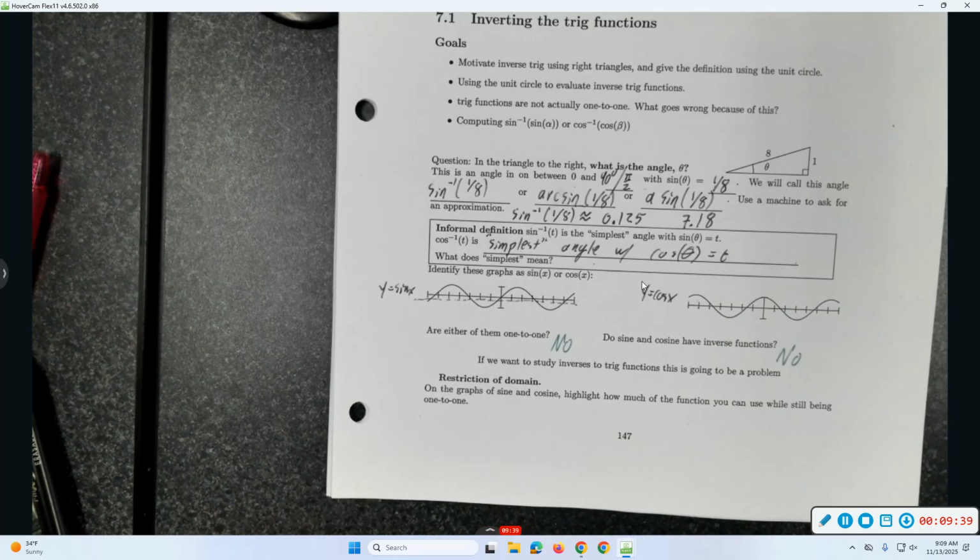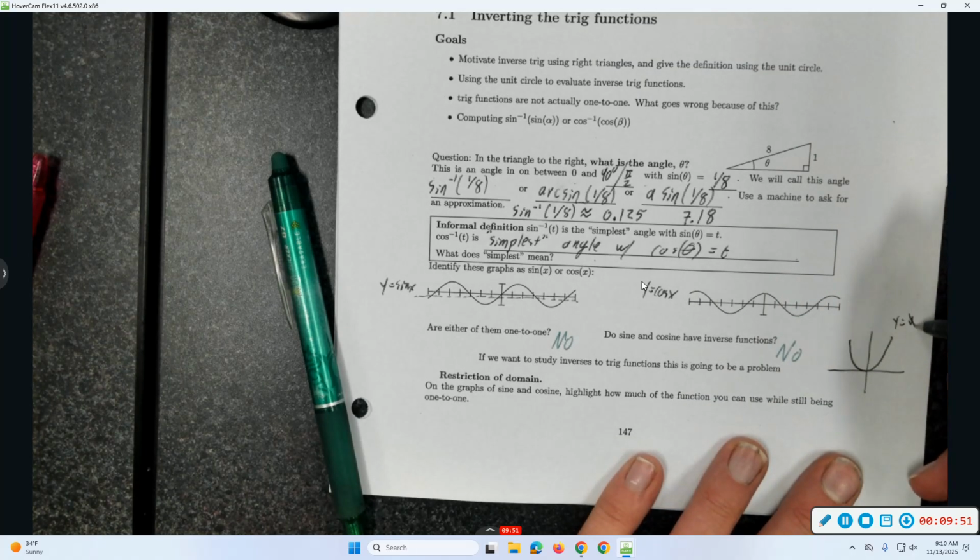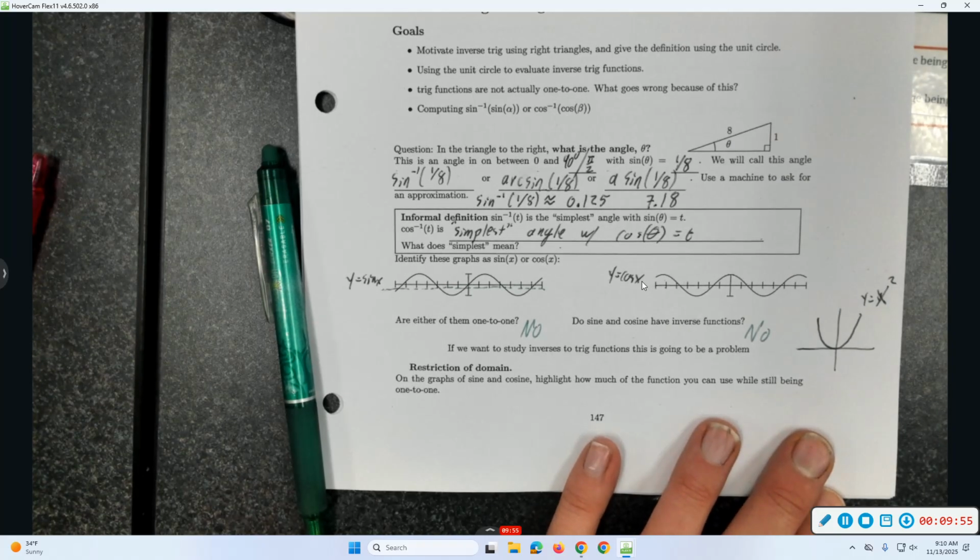But we've overcome an issue like that in the past. Here's another example of a non-one-to-one function. Here's y equals x squared. Is that thing 1 to 1? But if I just need to undo the squaring function, what function are you going to tell me? The square root function.